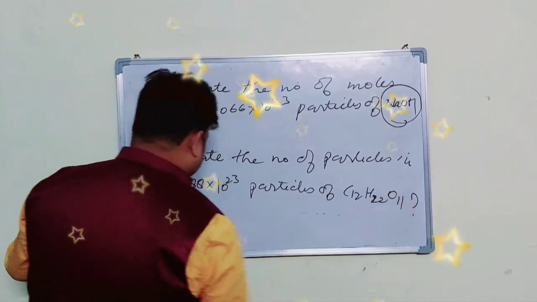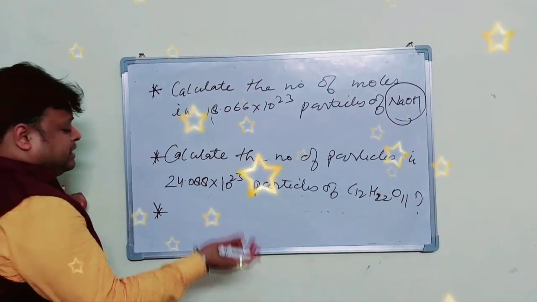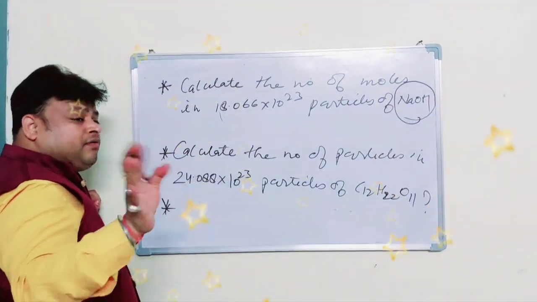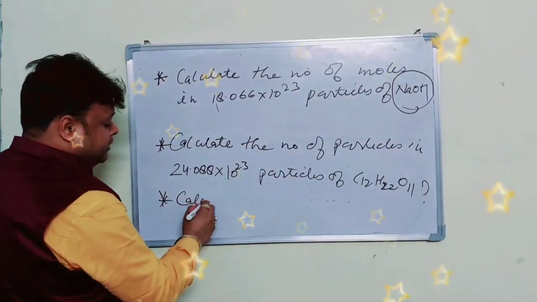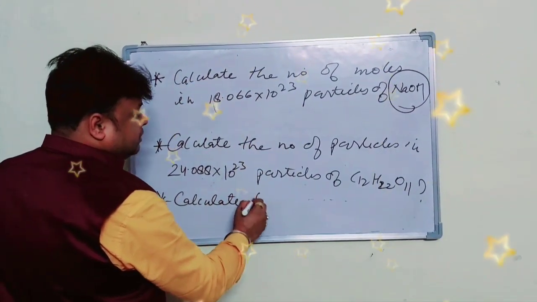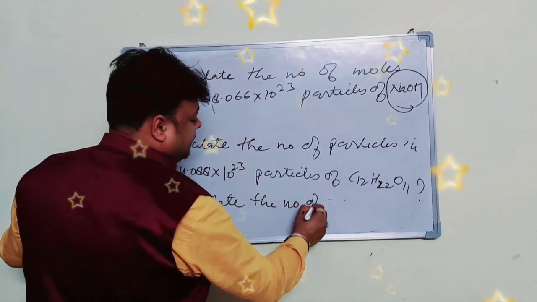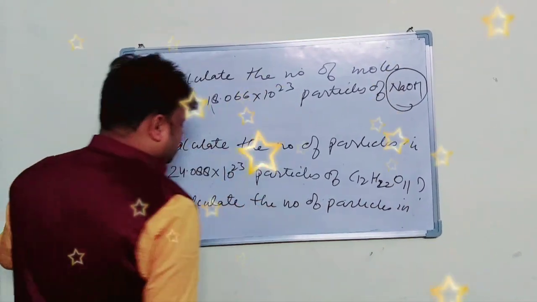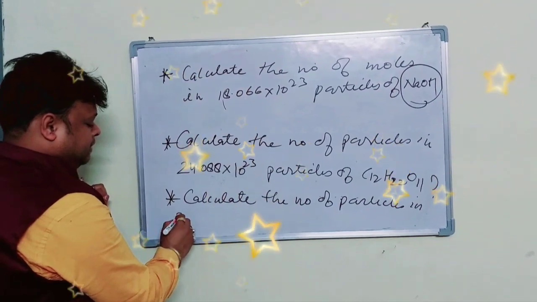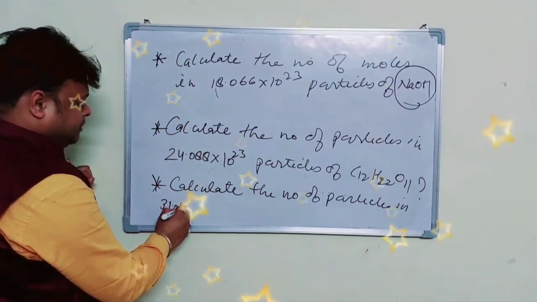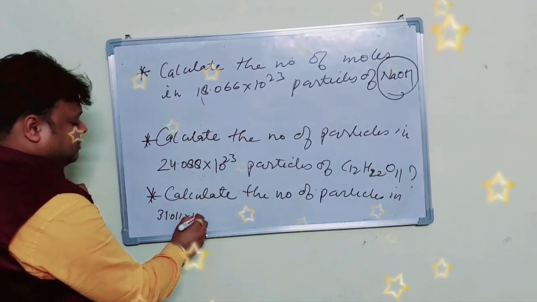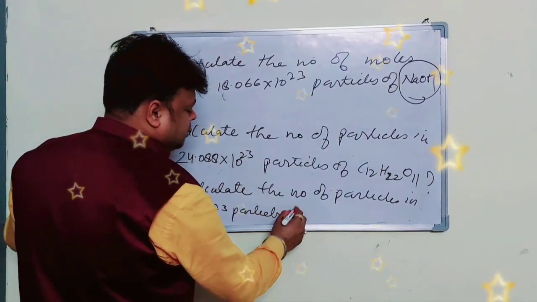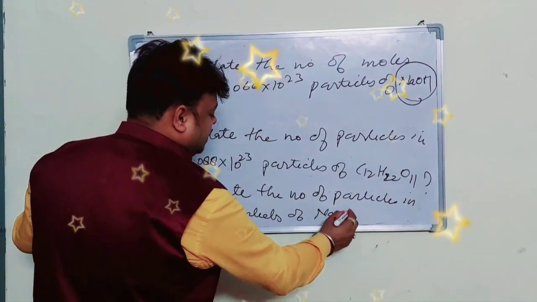This one is the next question, and the third question is, divide 6.022 × 10^23 by 5. So calculate the number of moles in 30.11 × 10^23 particles of NaCl.